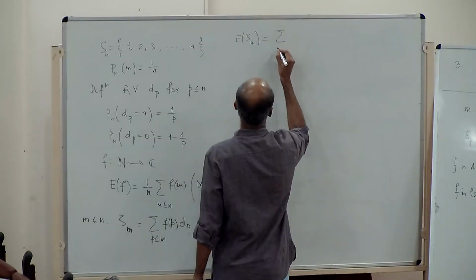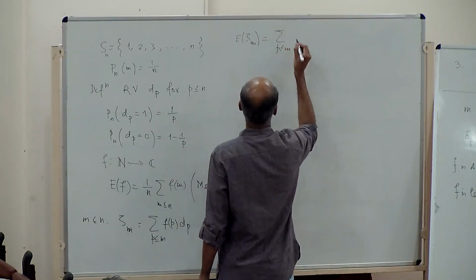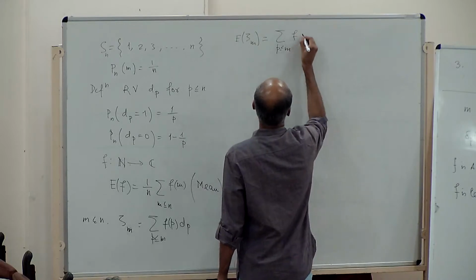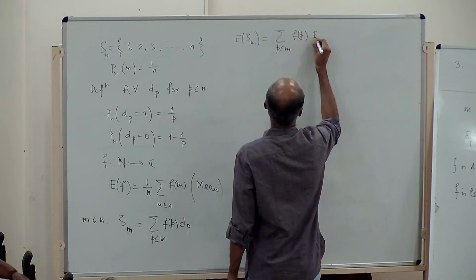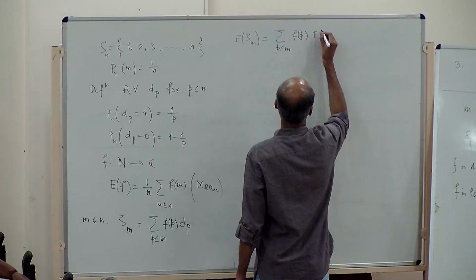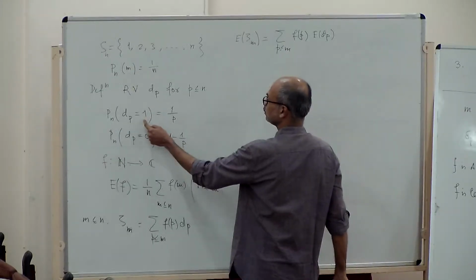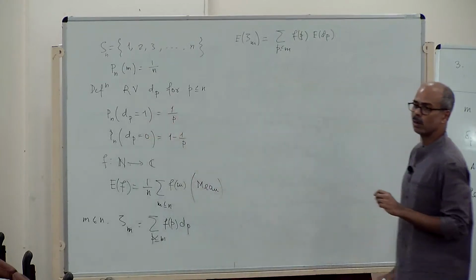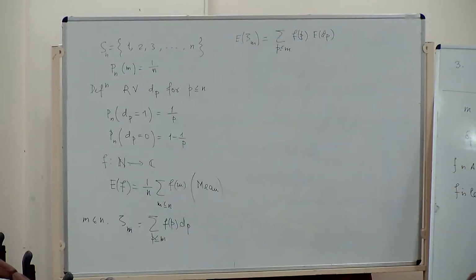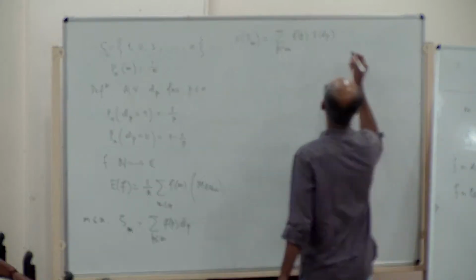So you have this sum of f(p) times the expectation of d_p. Expectation of d_p takes value 1 with probability 1 over p, and 0 otherwise. So this expectation is just 1 over p.